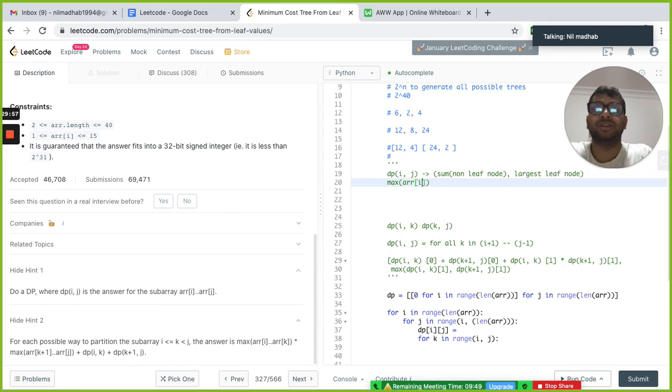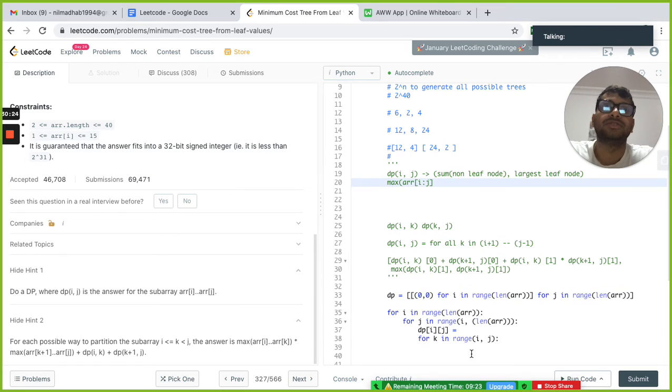We can compute it quickly and not store it in the dp to keep it simple. But every time calculating, we will take additional order of n time. Right, so okay, let's store it in this.